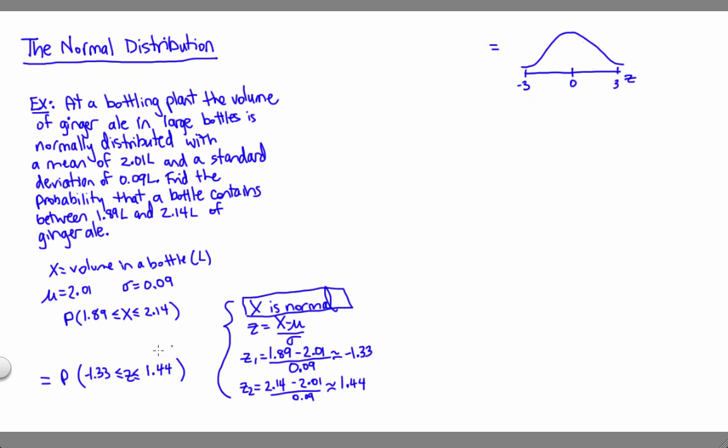Now we're looking for the probability that Z lies between two specific values, so let's label those here: negative 1.33, and 1.44 might be about there. So our probability is equal to the corresponding area under that curve.